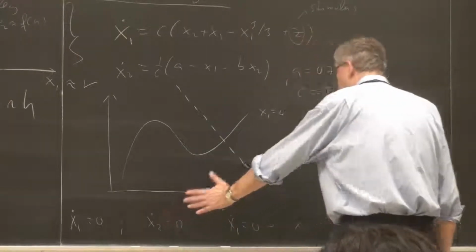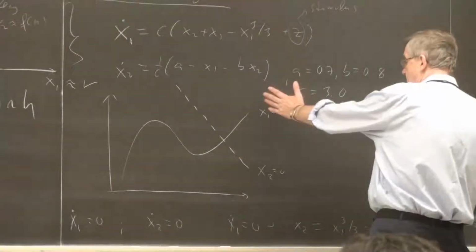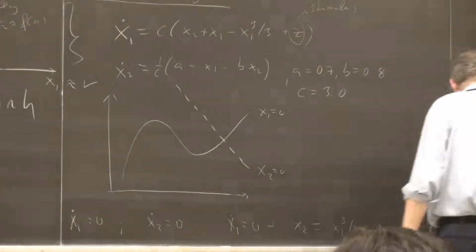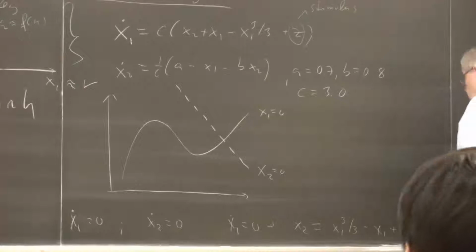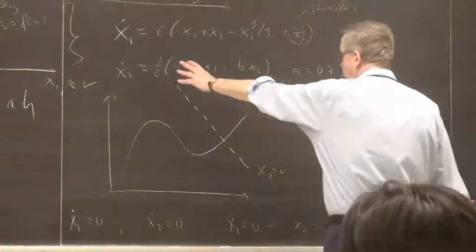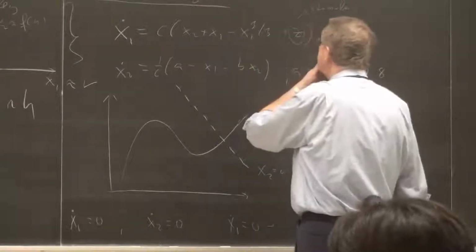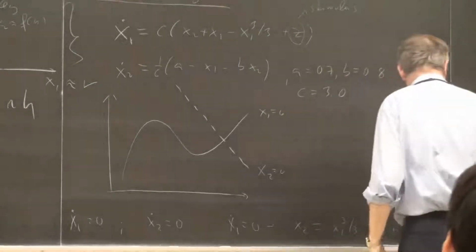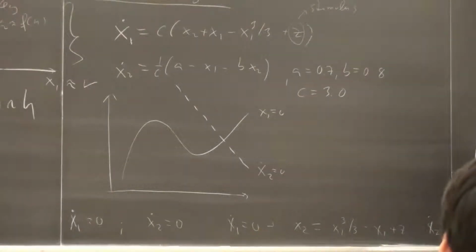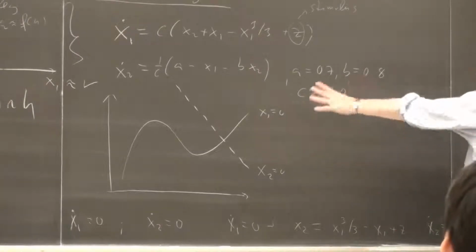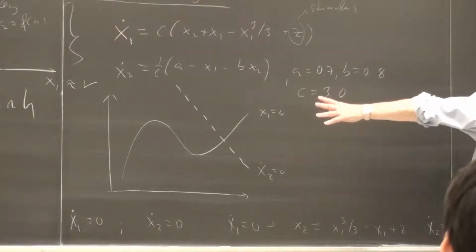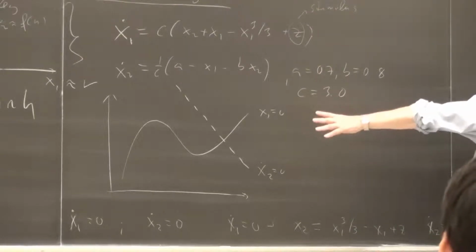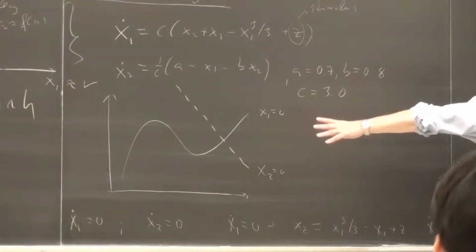Now, I should do that correctly, sorry, I just do what I get here. I put this one equal to 0, then I'm getting x2 times b is equal to a over b minus 1 over b x1.